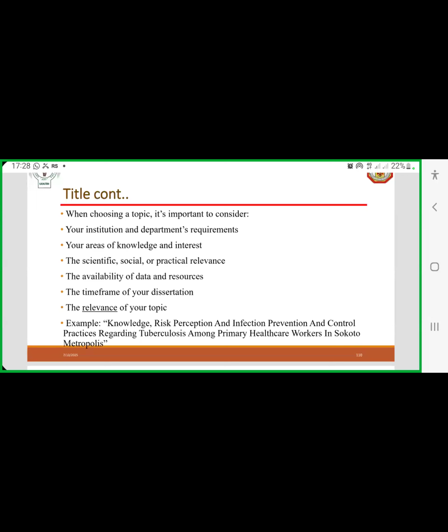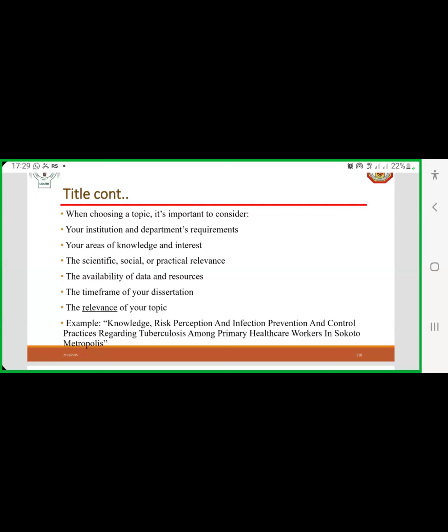Don't go somewhere else, because any area that you do your part 2 is most likely your area, because you have to go deep in that area before the end of that research. So it is very advisable to go into the area that you want to specialize in before you come up with the title.